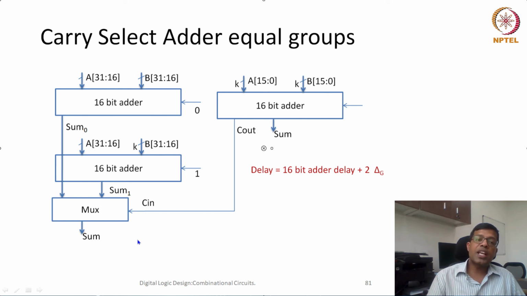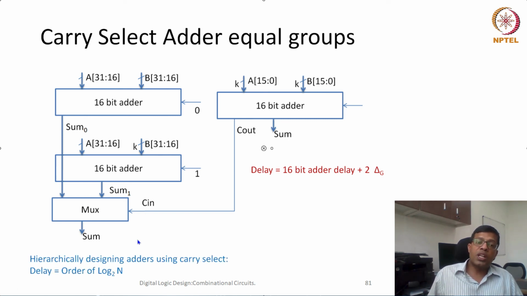This way, carry select adder can also lead to an overall delay of order log n. Why order log n? Because we can break them into 2, then break them into 2, and again into 2. It is actually order of log n, not equal to log n, because this 2 delta g delay would be there in every iteration.